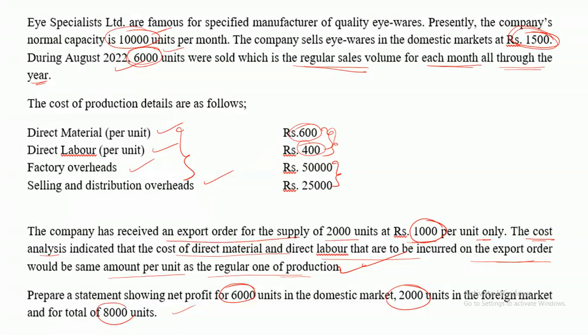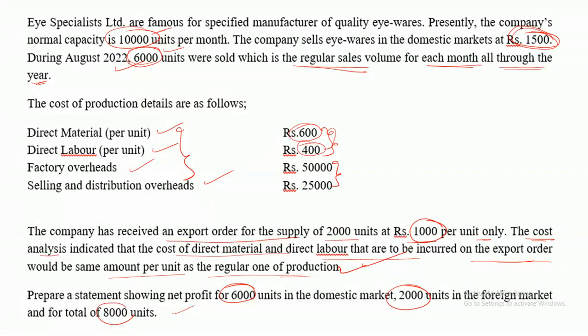So you need not worry about the profit, you can just calculate the contribution and see whether after accepting the foreign offer the contribution is positive or negative. If the contribution of the foreign offer is negative, then you can reject this offer.